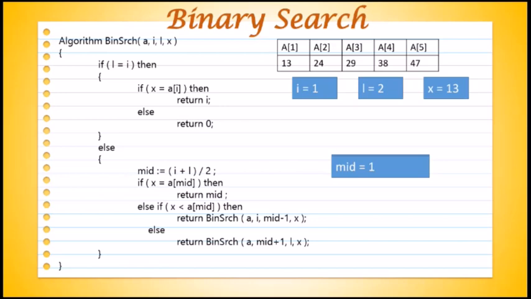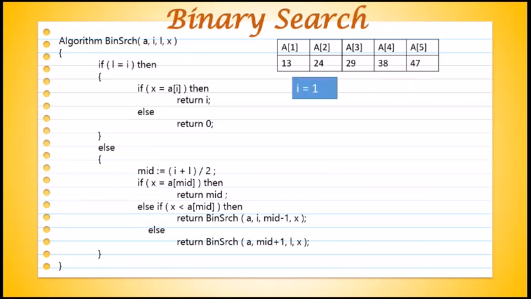So in a of 1, the value which is present is 13. So 13 is equal to 13. Yes, this condition is true. That means we will return the mid value. So what is mid? 1. So we will return 1. So basically the element is present in the list on the first position.